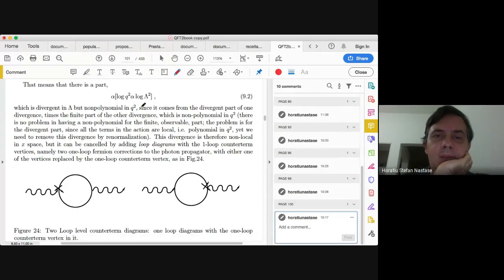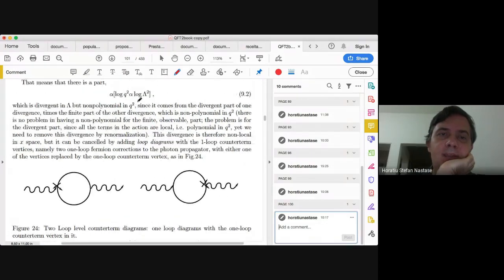All right. So as I said, if you make a Fourier transform to X space, then this is not local anymore. So this has to be cancelled by something else. It cannot be cancelled by a purely two-loop counterterm, because it's not local, and the Lagrangian is local.